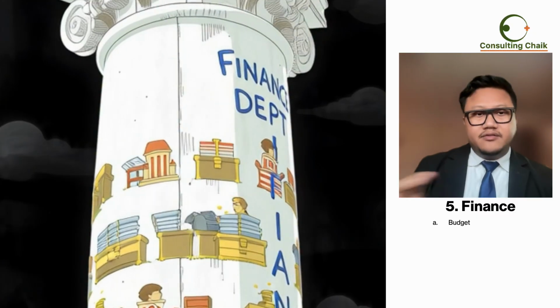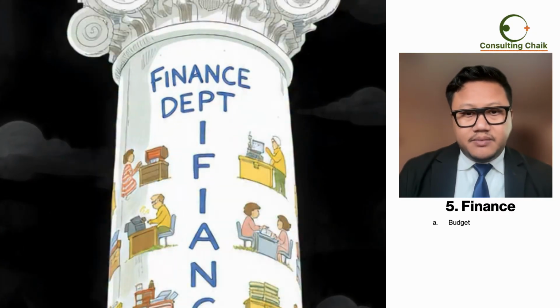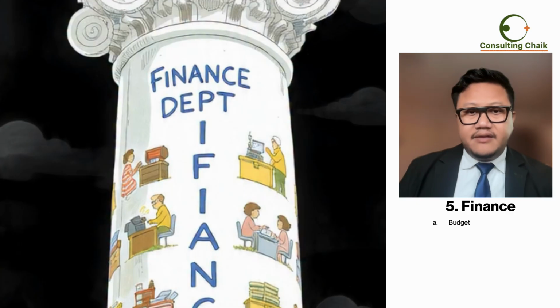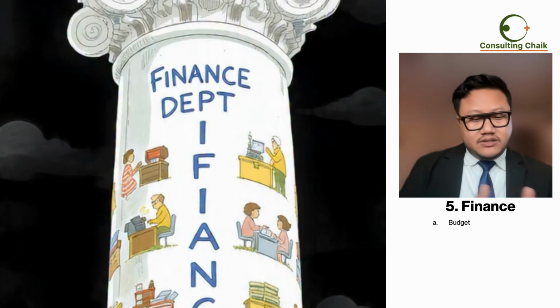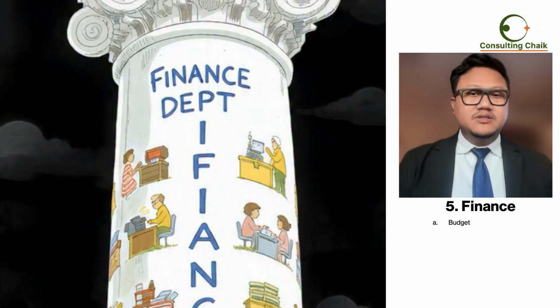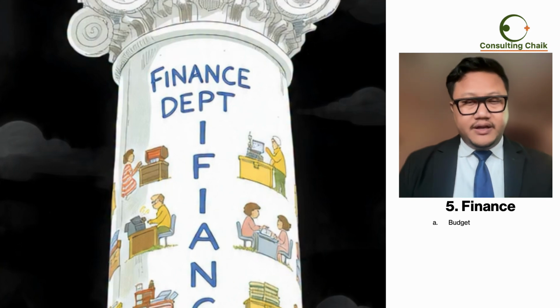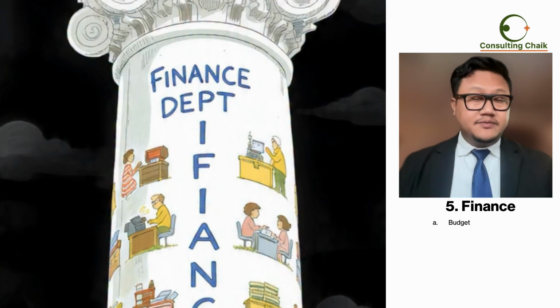So to start finance, you have to start with the budget. So the budget will have the whole year's plan in terms of operations, how much will be our expenses, in terms of your salary, in terms of your variable expenses, in terms of your fixed expenses.